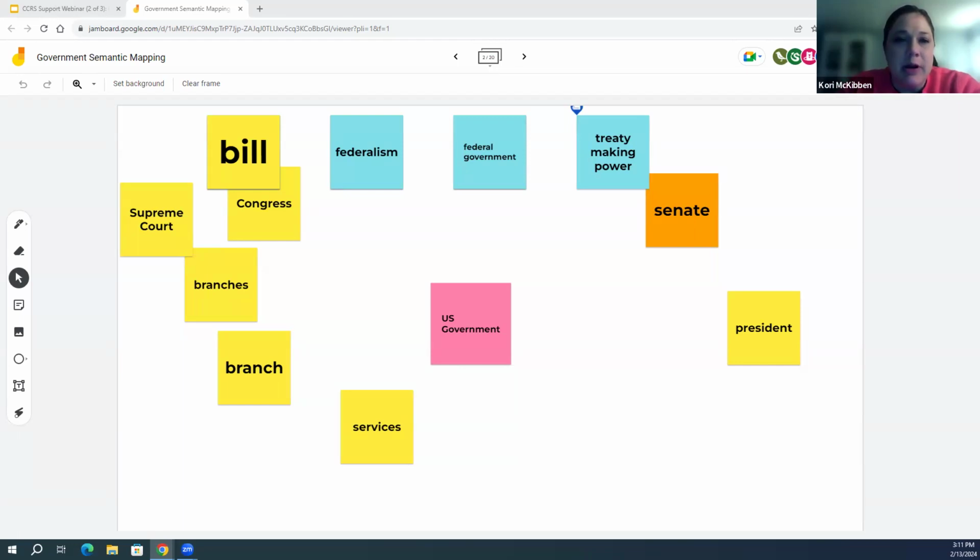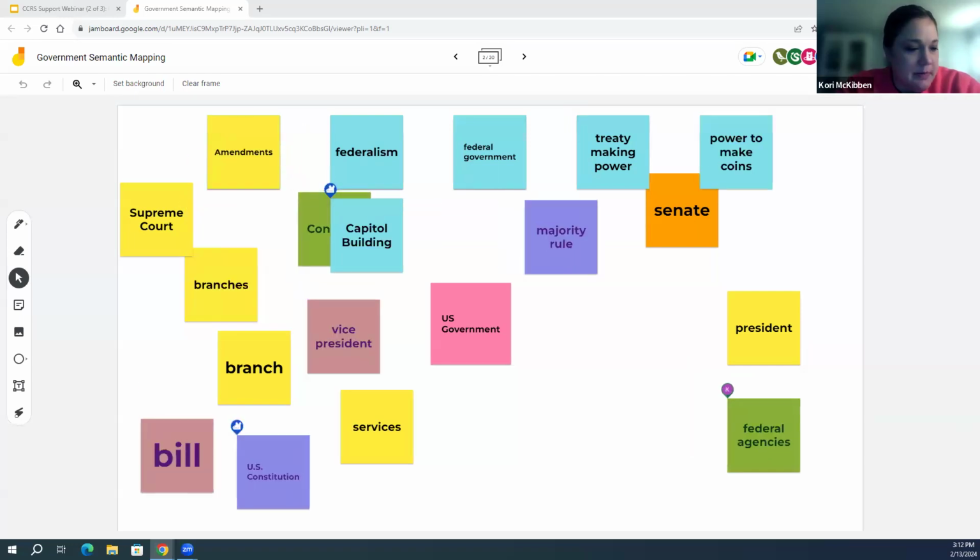There's vice president, branches, bill, U.S. Constitution, majority rule. Yep. I think about federal agencies, you know, like the FBI and things like that. Federal agencies. I'll add that. Amendments. Yep. Awesome. House of Representatives. I don't know if anyone's added that one yet.